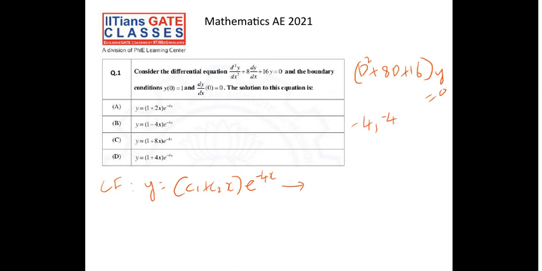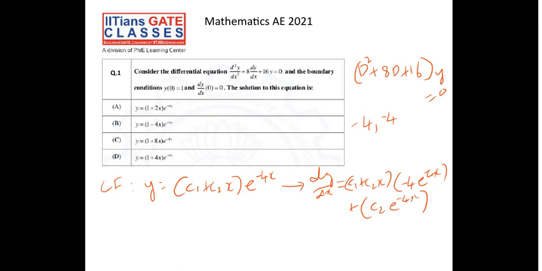So by differentiating we get dy by dx is equal to c1 plus c2x into minus 4 e raised to minus 4x plus c2 into e raised to minus 4x.